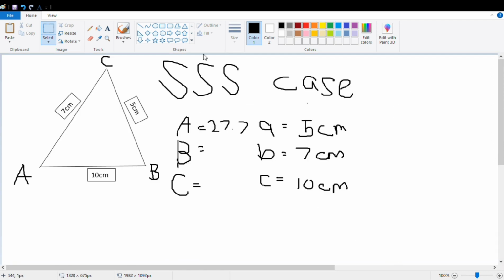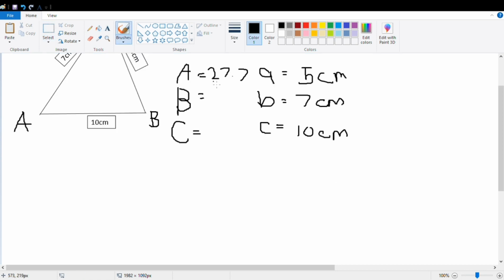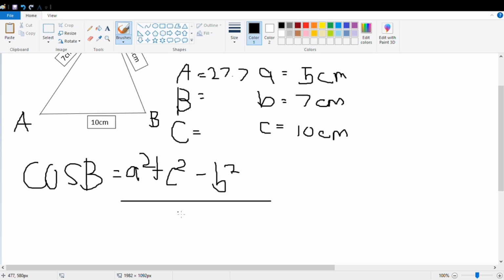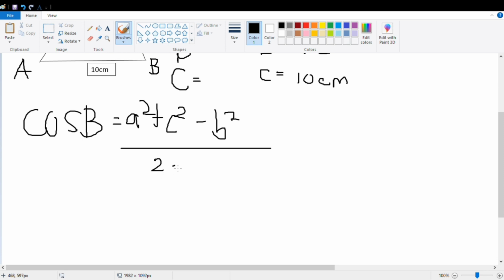Now for angle B, we just have to do the same thing as with angle A, but with a different formula. The formula for this is cos B is equal to A squared plus C squared minus B squared over 2AC.